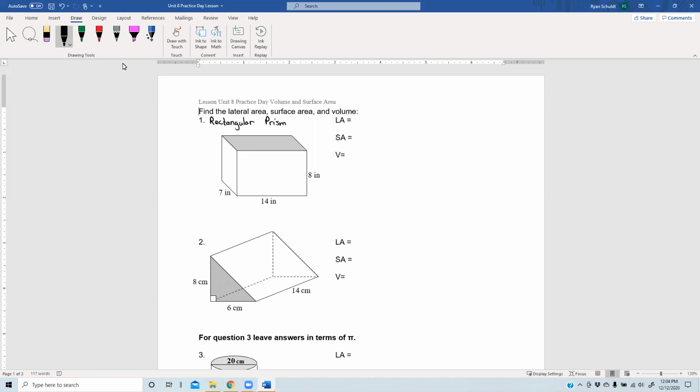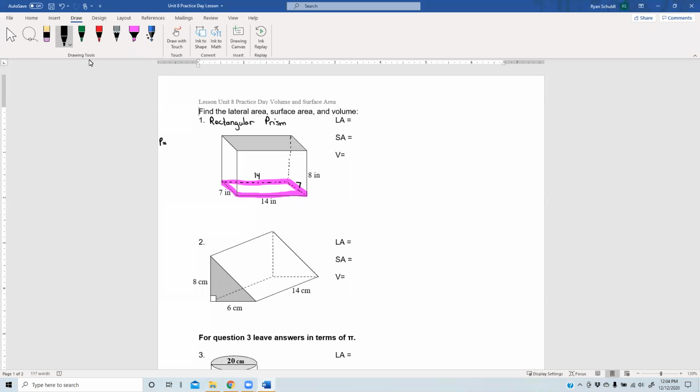So let's find that right quick. Our base would be the one that's down here, the one it's sitting on, a rectangle. So this side is 14, that side's 7.